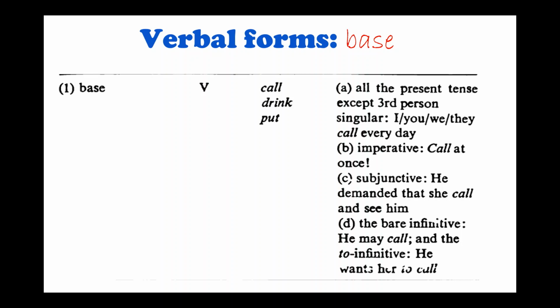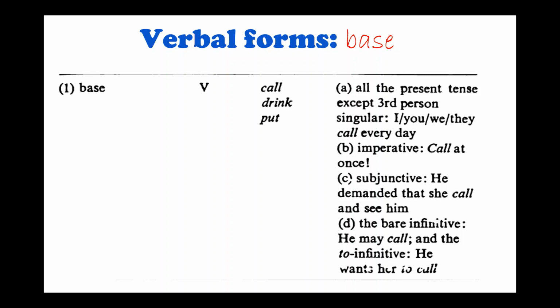Now, the base form, as you can see, is using the main verb without any addition, such as call, drink, and put. And there are three possible scenarios in which we use the base form. The first one, we use the base form in all the present tense sentences except third person singular.